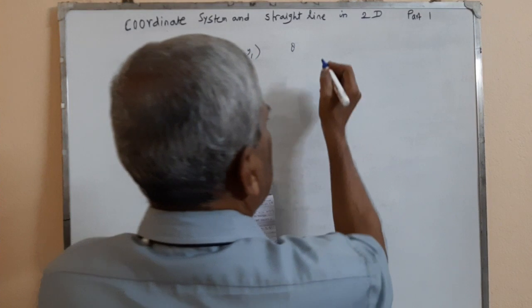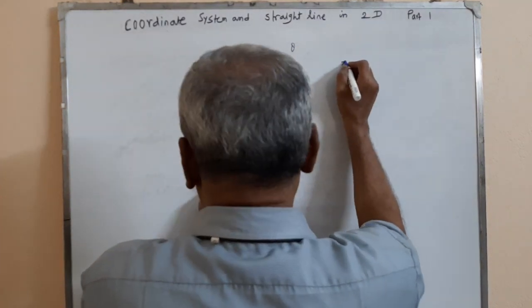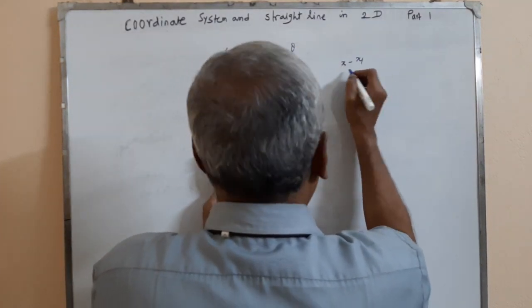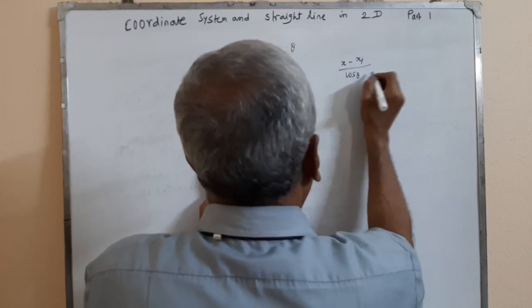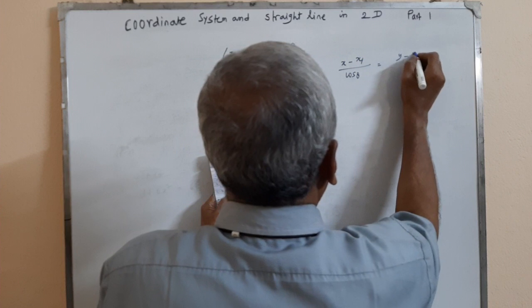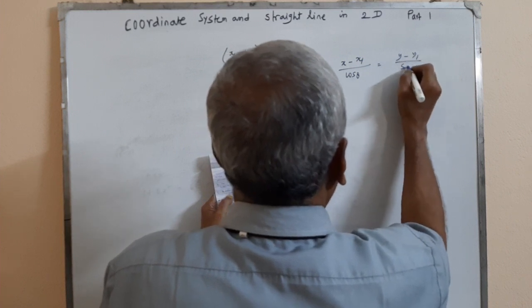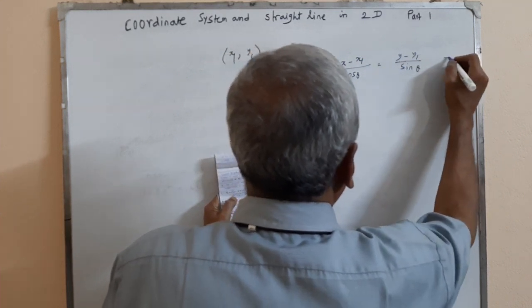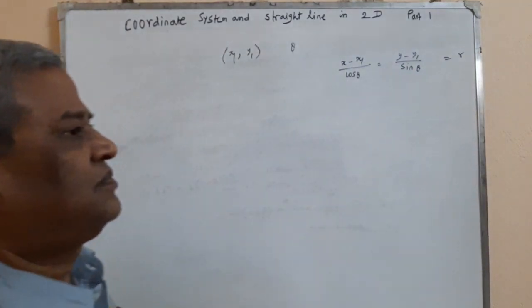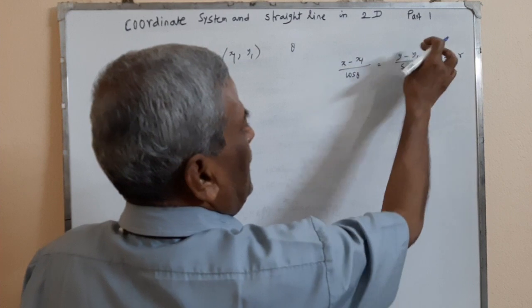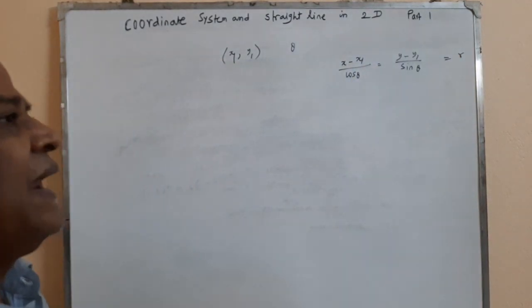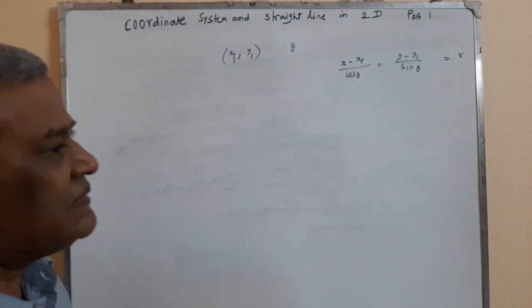Then its equation can be written as (x minus x1) by cos theta is equal to (y minus y1) by sin theta, and let it be equal to r. This is the equation of a straight line passing through (x1, y1), making an angle theta with the x-axis.